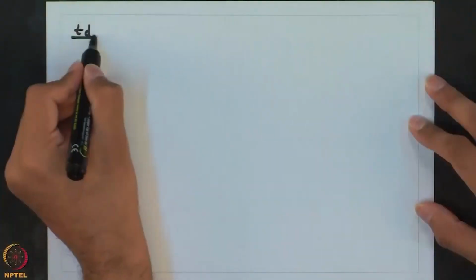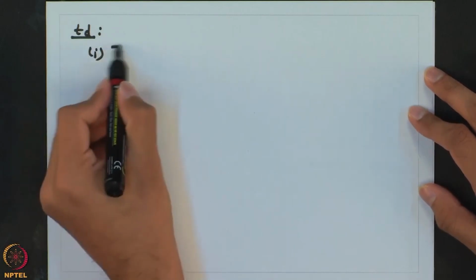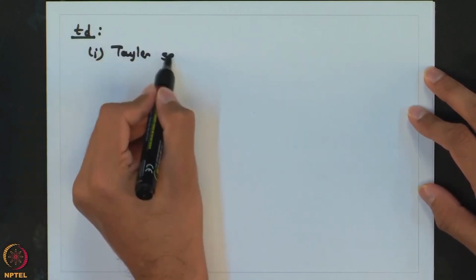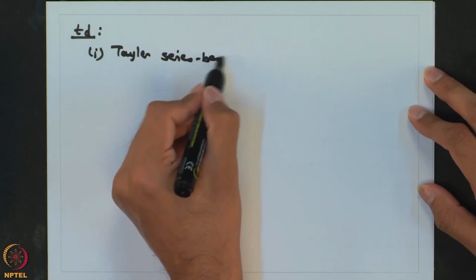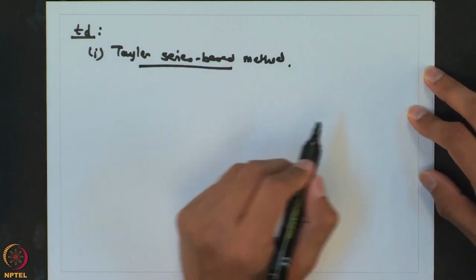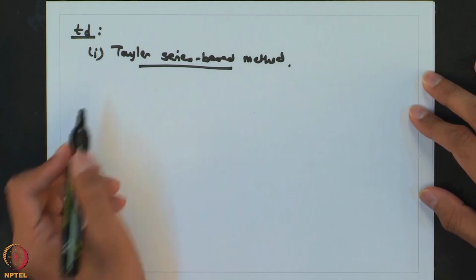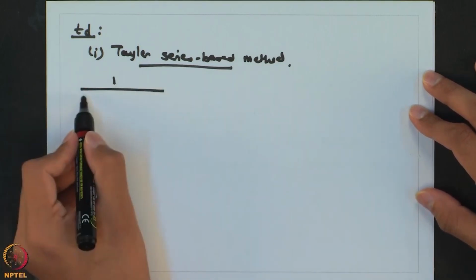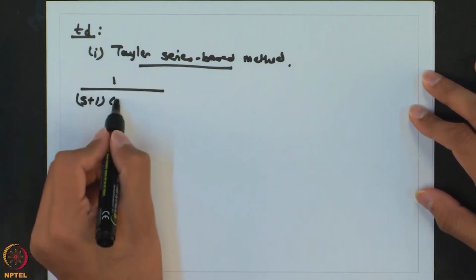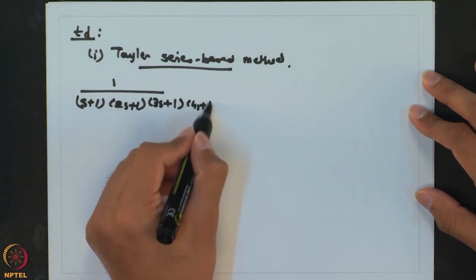And then the last parameter which we want to get is Td, which is the dead time. So the way we get the dead time, let's say if we look at the Taylor series expansion based method, we look at the remaining transfer function after we have removed tau. In this case, the remaining transfer function was s plus 1, 2s plus 1, 3s plus 1 and 4s plus 1.